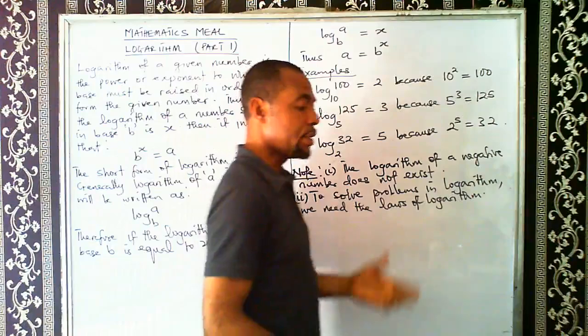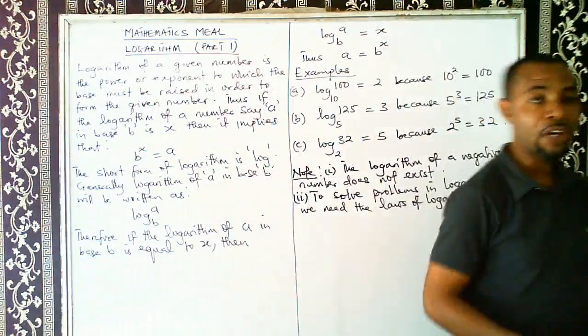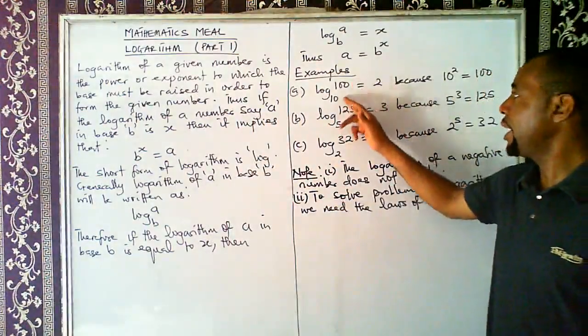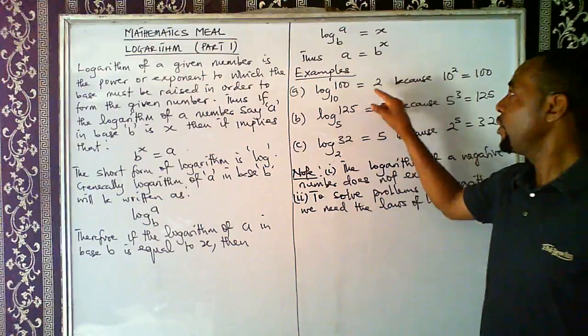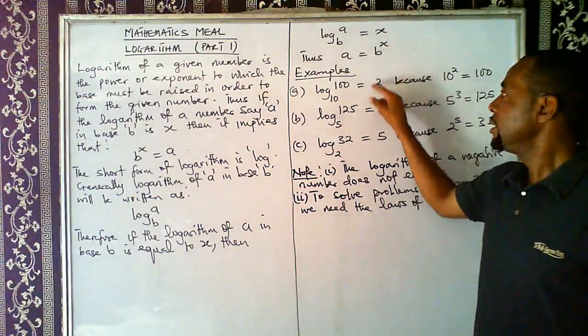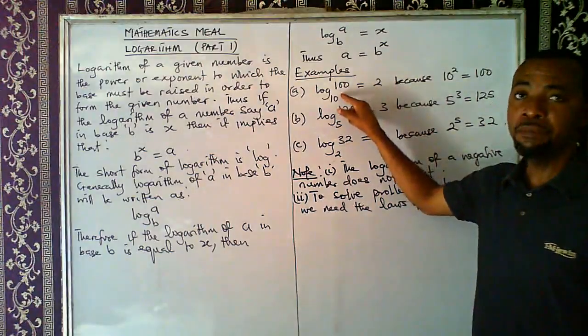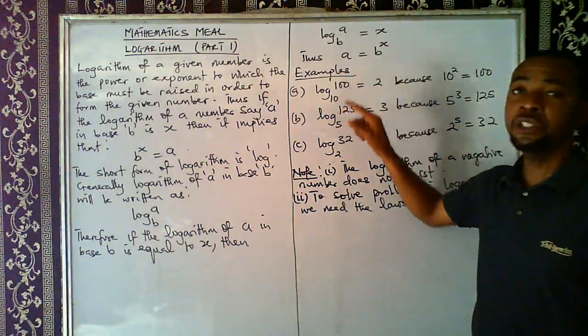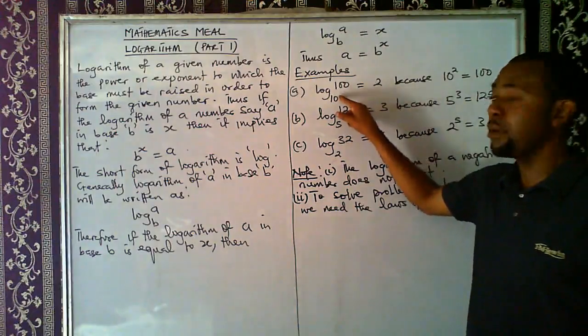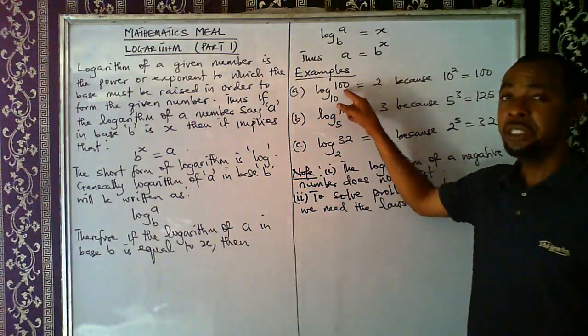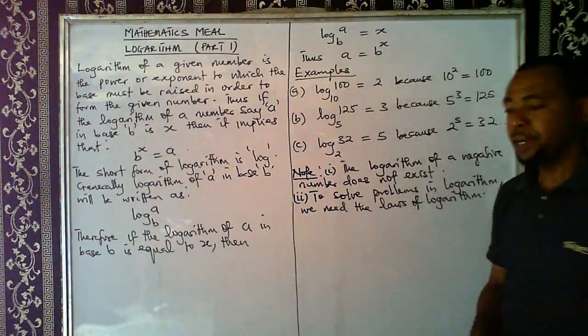So we must know how to identify the number and the base. And we also emphasized that the logarithm of a number is the exponent of the base to give us the number. So what will become the exponent or the power of the base in order to form the number? That's what we mean by logarithm.